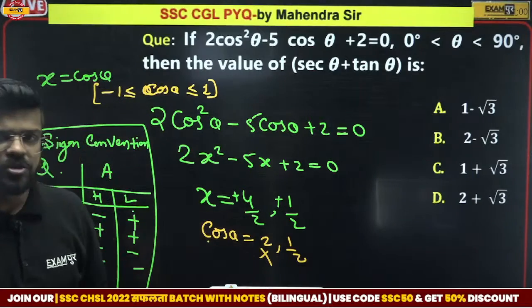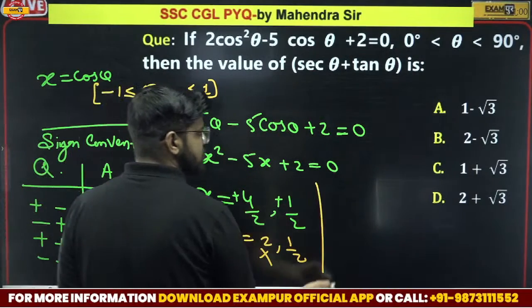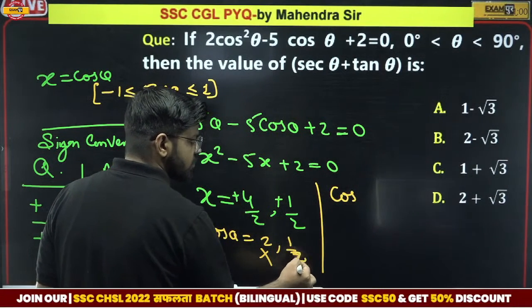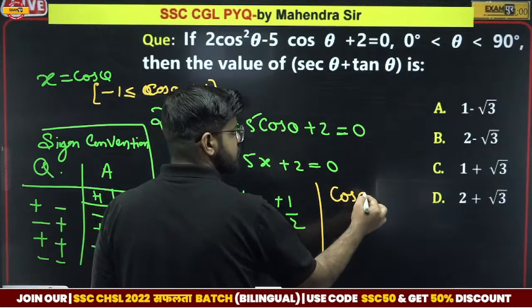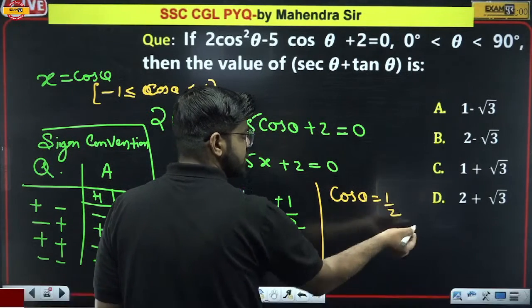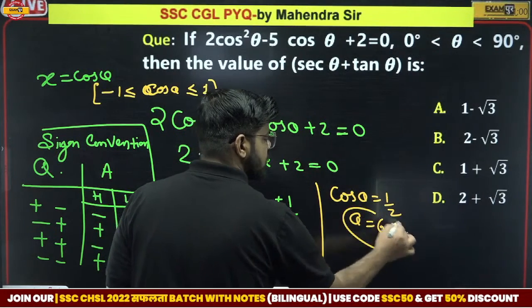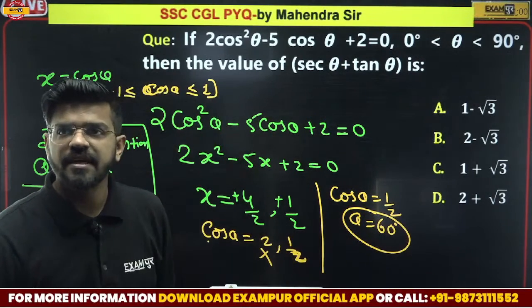So 2 cannot be possible. That means the cos theta value is 1/2. And if cos theta is equal to 1/2, that means theta is 60 degree, yes or no?